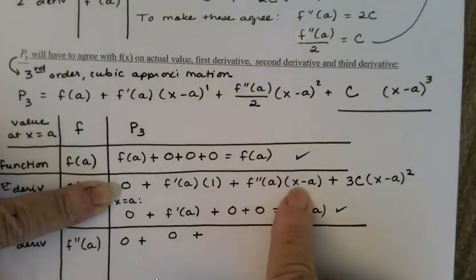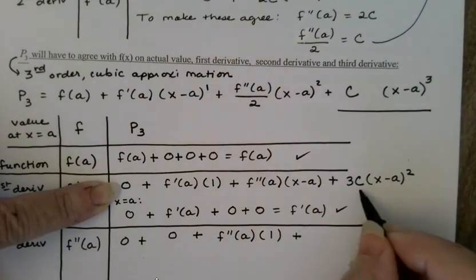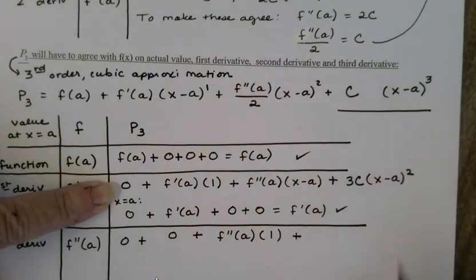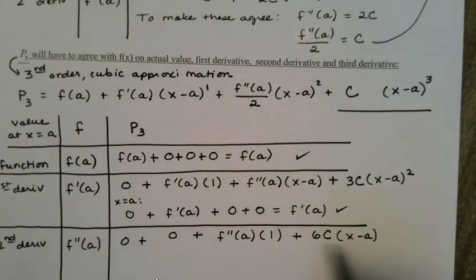Here we have an x, so I've got my f double prime of a as the constant multiplier, times the derivative of x minus a, which is 1, plus the derivative here. We'll bring the 2 down, so that becomes 6c times x minus a to the first. So that's my second derivative. I'll go back to that in a couple minutes when I'm ready to get the third.